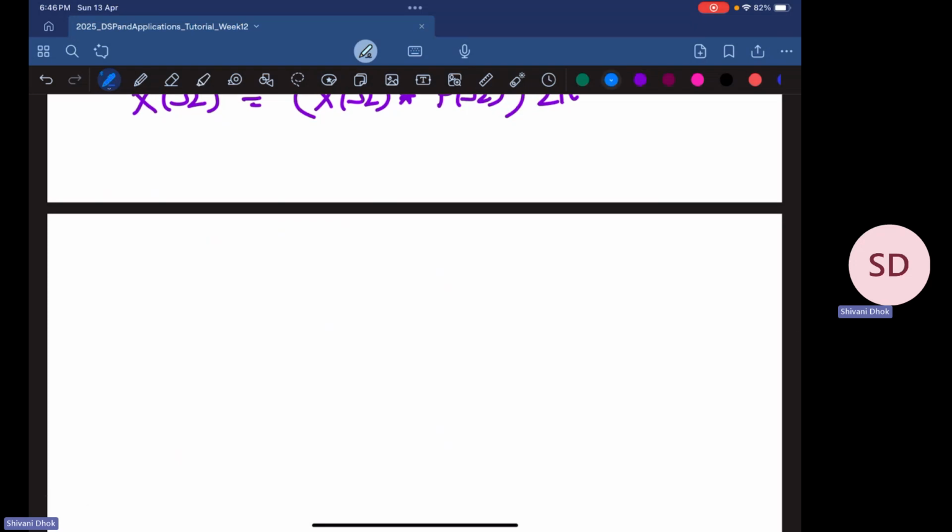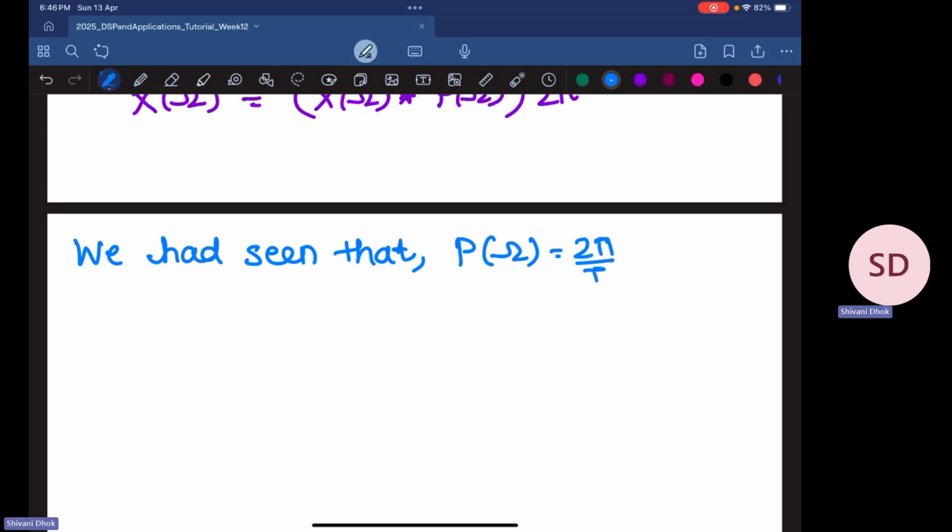And we have seen long back when we discussed sampling that P of omega comes out to be equal to 2 pi by Ts summation k running from minus infinity to infinity delta of omega minus k times omega s, where omega s is simply 2 pi by Ts.